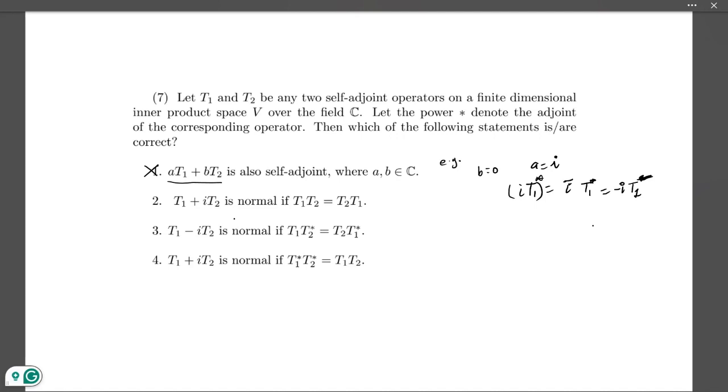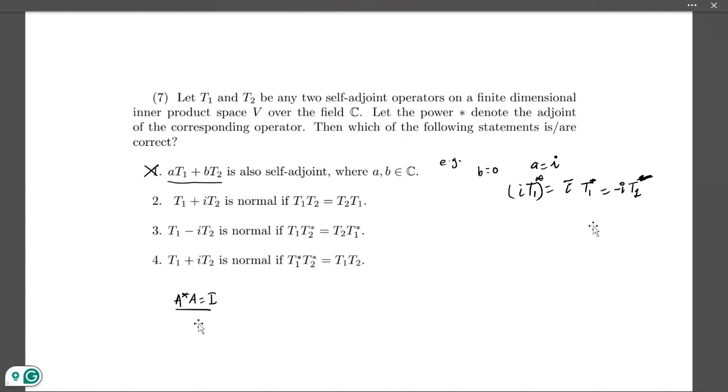What about T1 plus I T2? They are asking if it is normal or not. Let's check. To check normal, what we do, we should check A star A equal to identity. One part is enough.